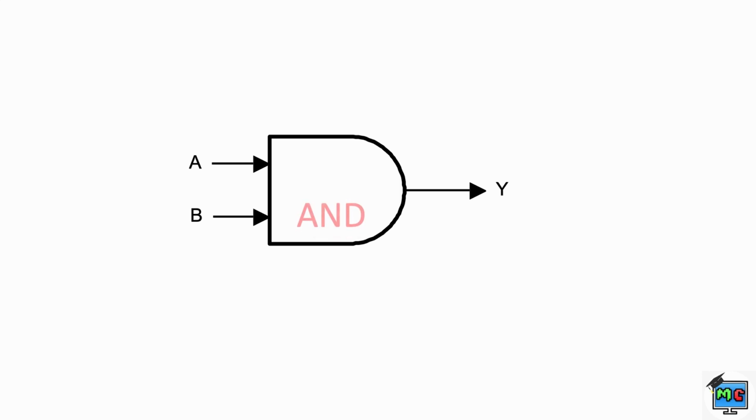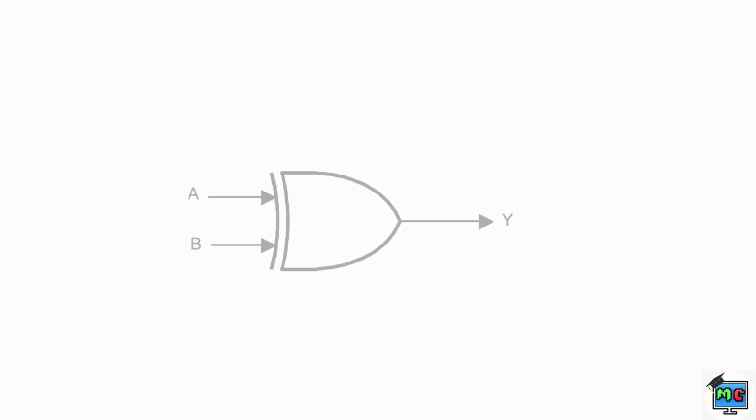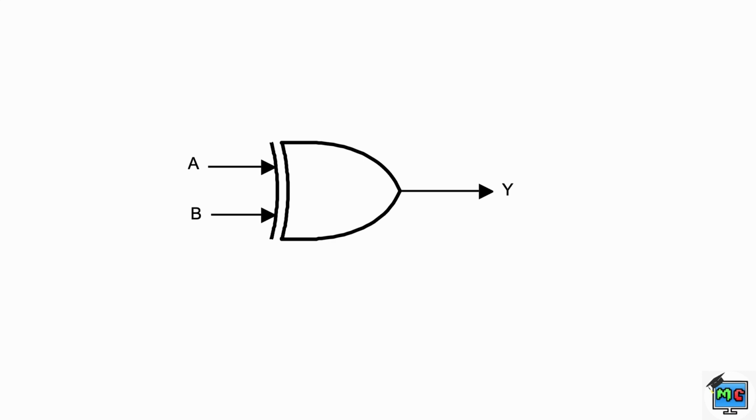AND gate. Yes, this one's an AND gate. What about the next one? This one. XOR gate. That's it. Yes, that's an XOR gate. So we have an idea that if I give you a symbol, you know from that symbol what gate this is.